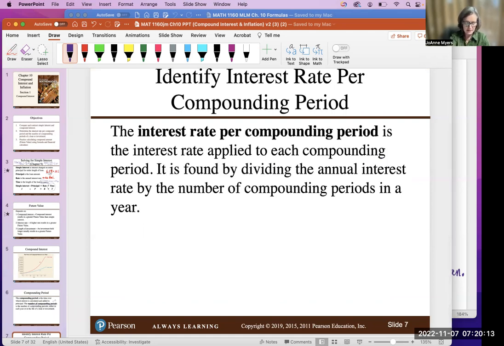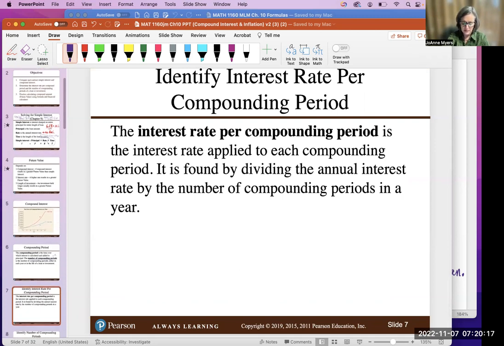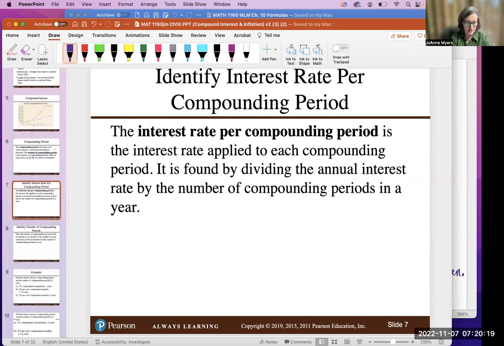The interest rate is the interest rate applied to each compounding period. It's found by dividing the annual interest rate. This is important. It's found by dividing the annual interest rate by the number of compounding periods in the year.